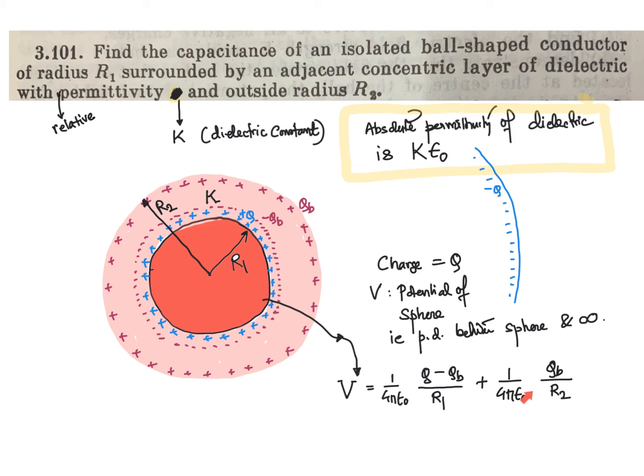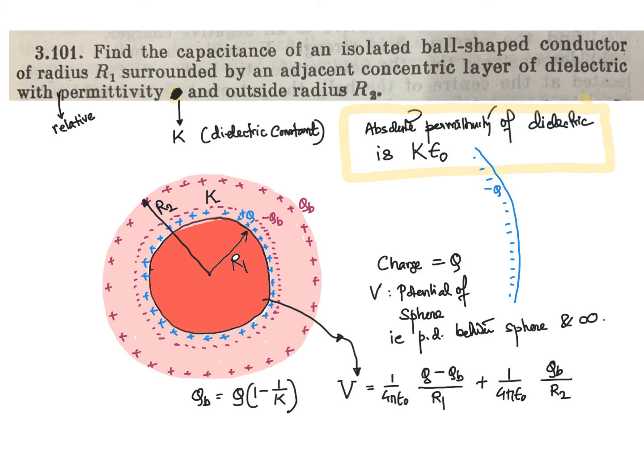So that is the formula, kq by radius. Now from the concept of dielectric, Qb happens to be Q times 1 minus 1 by K. If you remember that, it's okay.